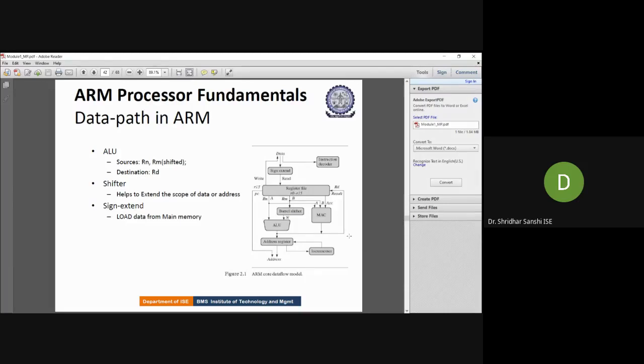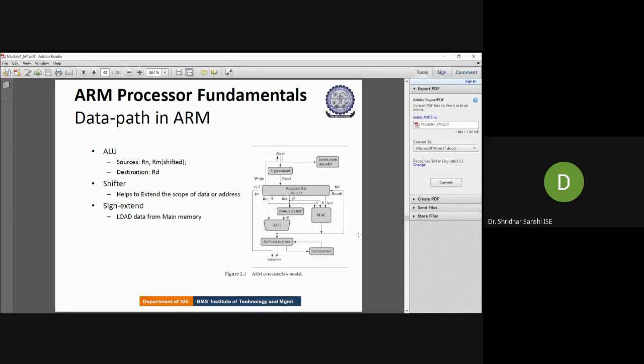How will it move? It will move from the register file to the ALU or MAC via two registers, RN and RM. The data will be copied to RN and RM by two buses. For RN, bus A will carry the data.